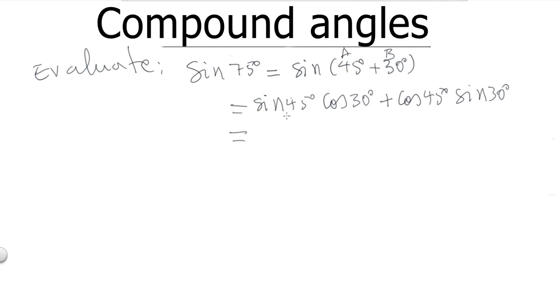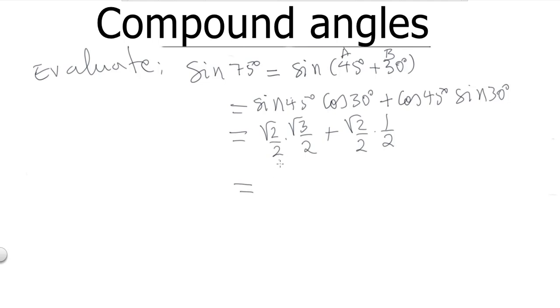So sine of 45 degrees is square root 2 over 2. Cos of 30 degrees is square root 3 over 2. Cos of 45 degrees is square root 2 over 2. Sine of 30 degrees is 1 over 2.